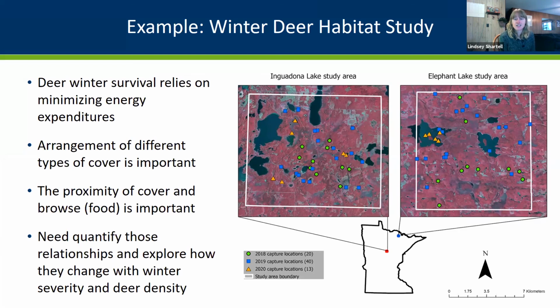Deer at the study sites are fitted with GPS radio collars that transmit their location every 2 hours. So we're getting very fine detailed habitat information that can be used to help tell the story of deer use of cover and browse.